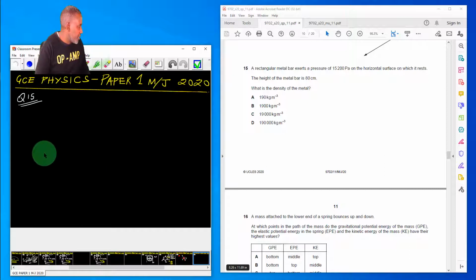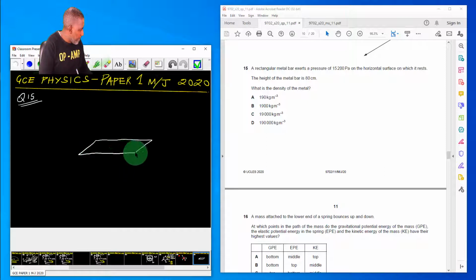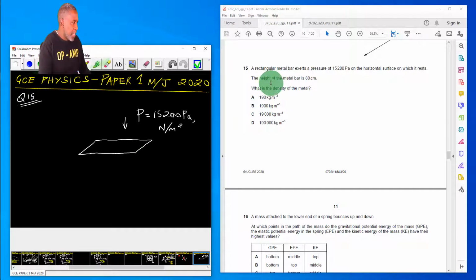Okay, I'm going to say that is the rectangular metal bar. The pressure it exerts downwards is given as 15,200 pascals or newtons per meter squared. The height of the metal bar is 80 centimeters.